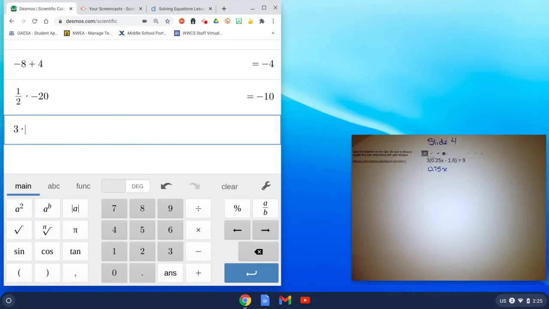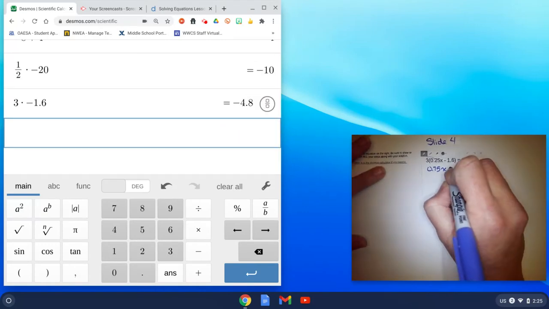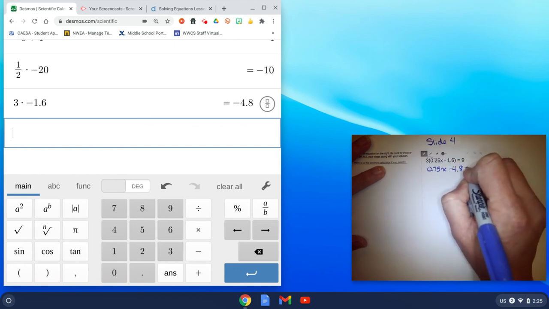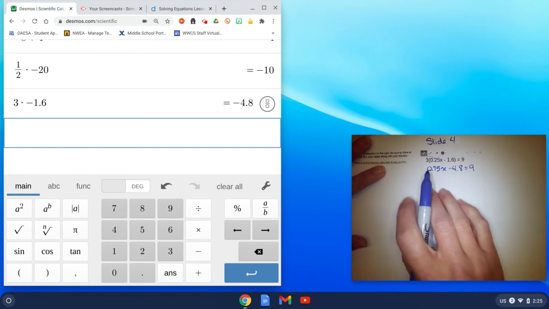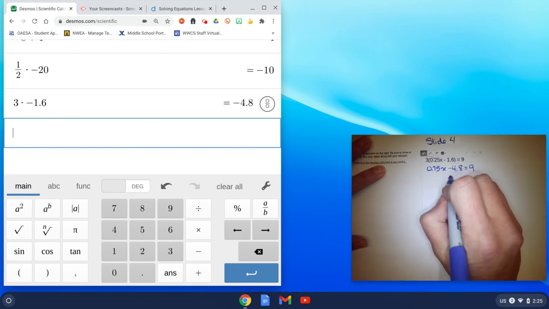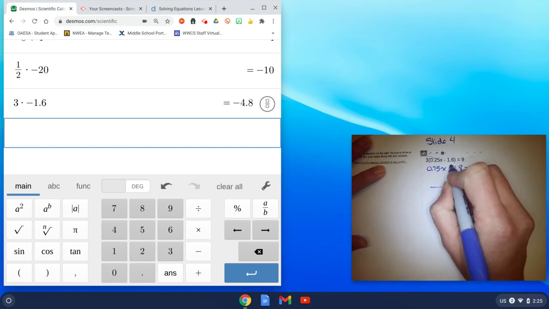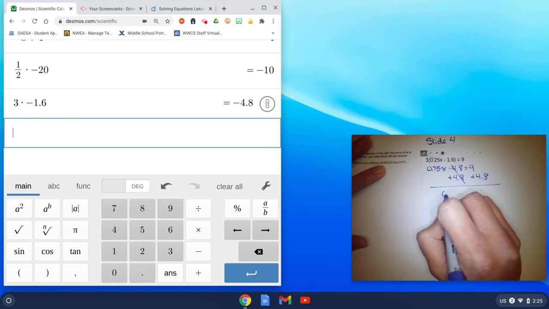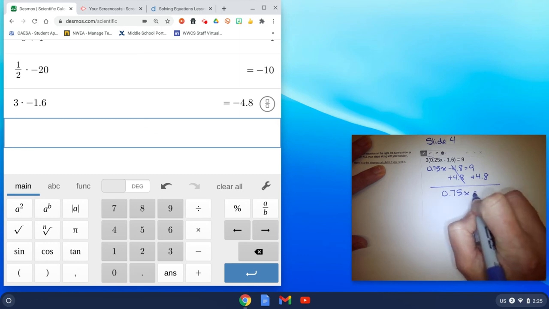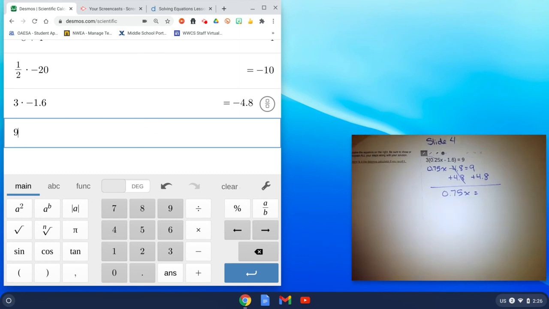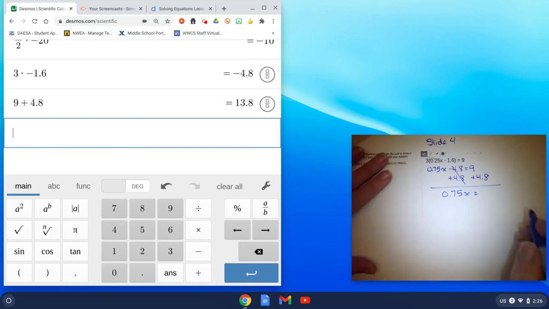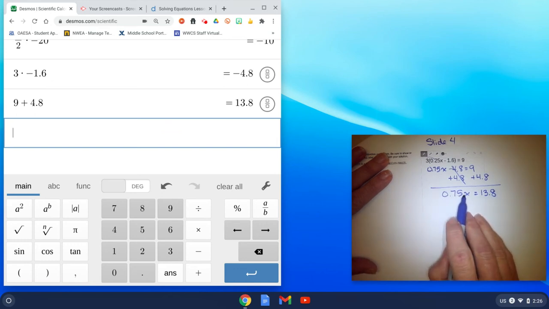So I can come back up here and type in negative 1.6. Now I've got a negative 4.8 equals 9. What do I do now? Two-step equation. Add 4.8 on both sides. Those are gone. Now I've got 0.75x equals, come back over here, 9 plus 4.8 gives me 13.8. 0.75 times x.